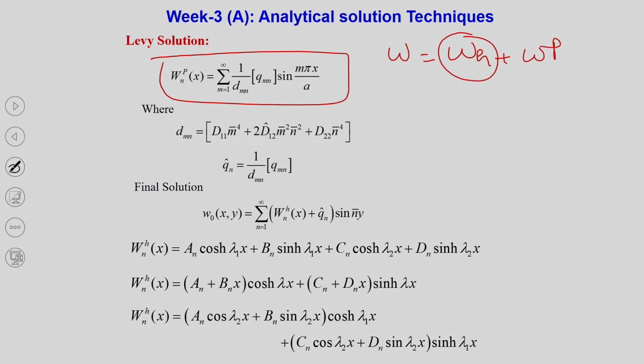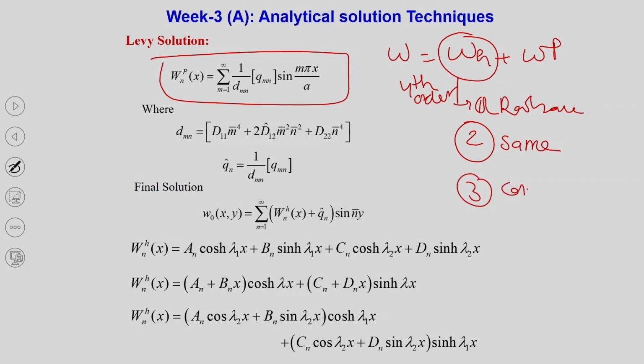Based on this we have obtained three special cases for the homogeneous solution. This is a fourth order equation with 4 roots. So the first case is roots real and distinct, the second case roots same, and the third case roots complex conjugate.